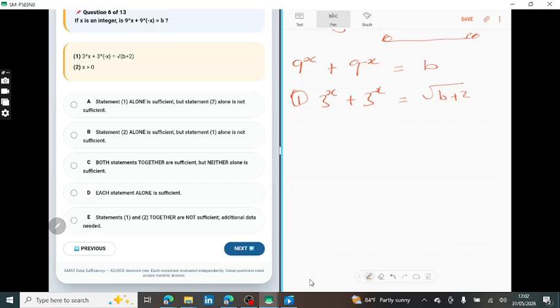Now, a math concept you should know. First of all, take the square root out. So we have 3 raised to the power s plus 3 raised to the power minus s, squared equals b plus 2. That is this math concept that x plus y all square equals x squared plus 2xy plus y squared. We also call this math identity.